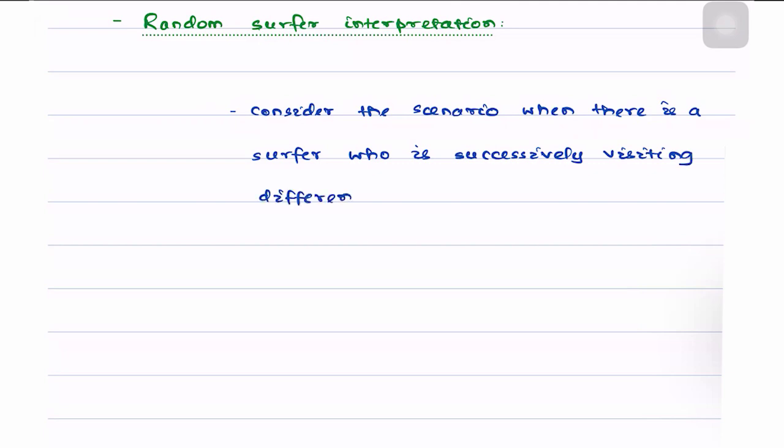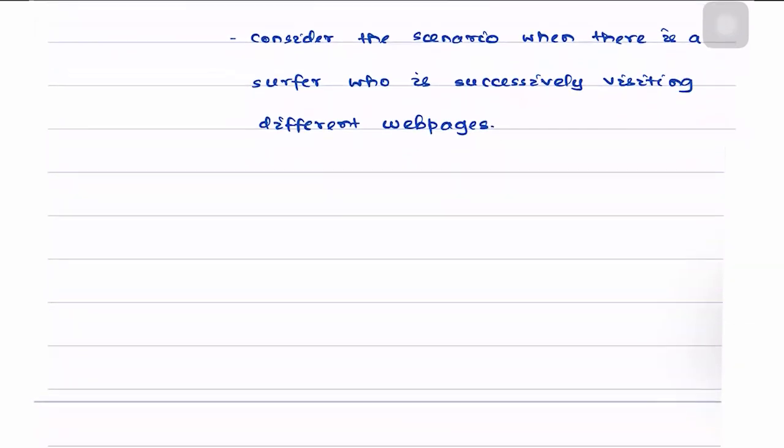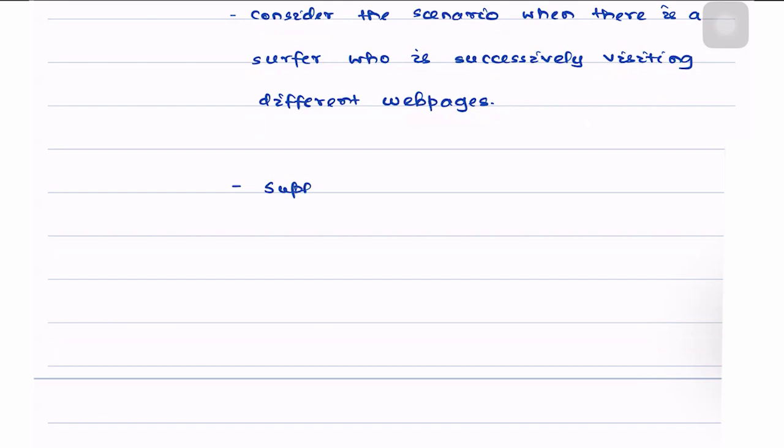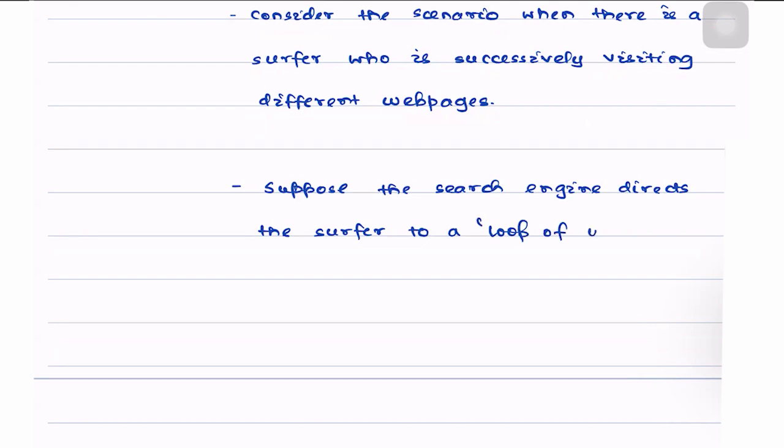Then suppose the search engine directs the surfer to a loop of web pages or rank sinks.